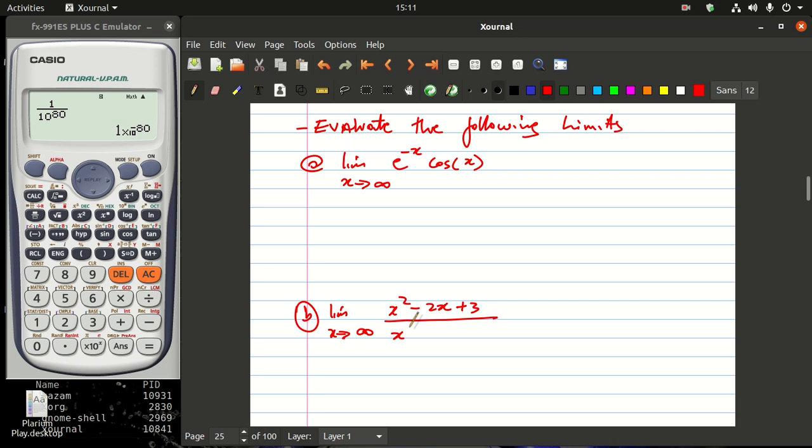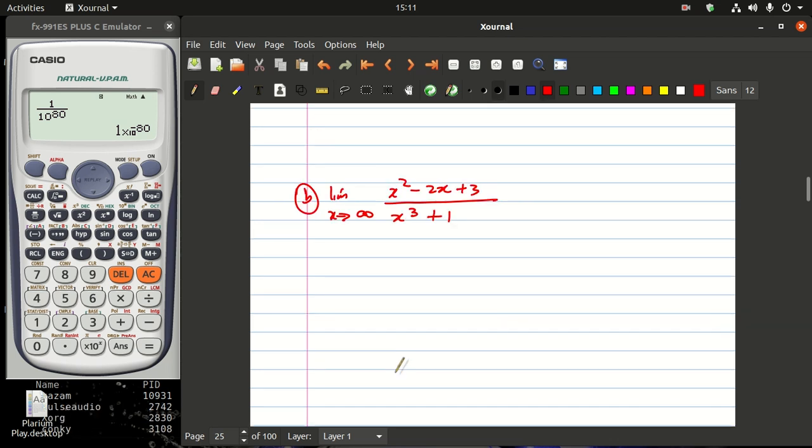x cube plus 1, and then I'm going to leave some space and say we have the limit as x approaches infinity of 6 divided by the cube root of the square root of x cube here.